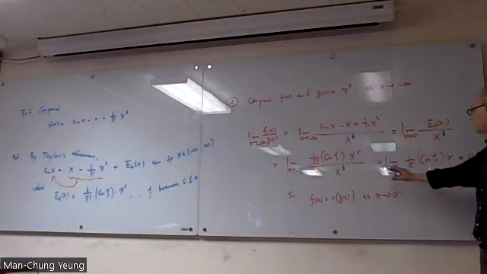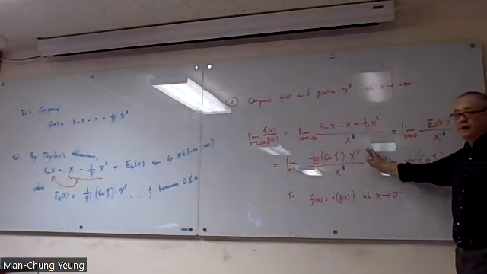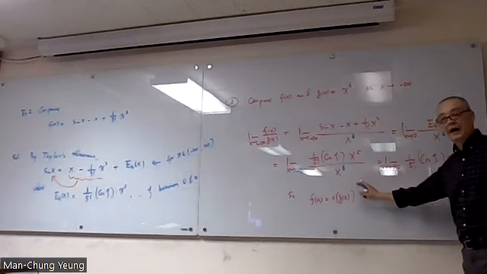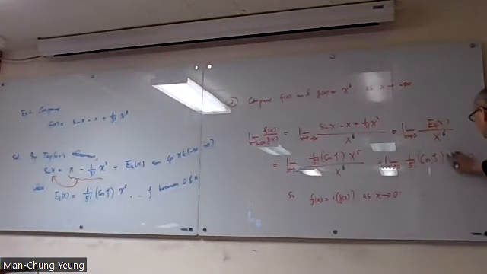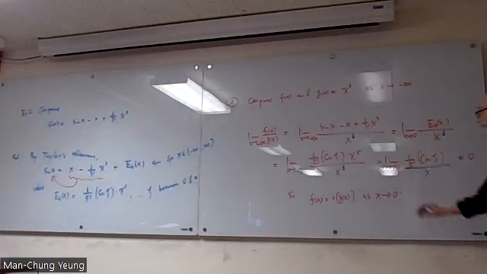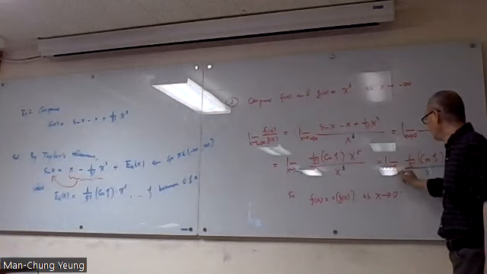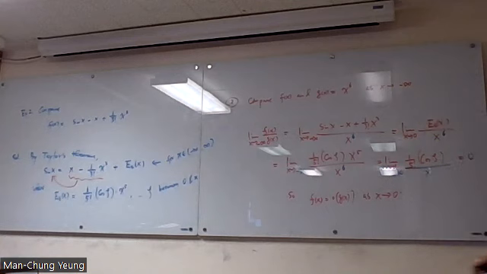And now x to the 3 divided by x to the 6. So x now approaching negative infinity. So 0.